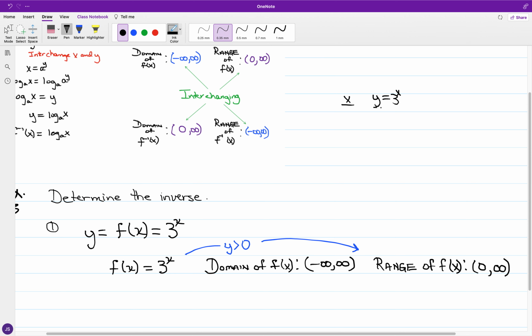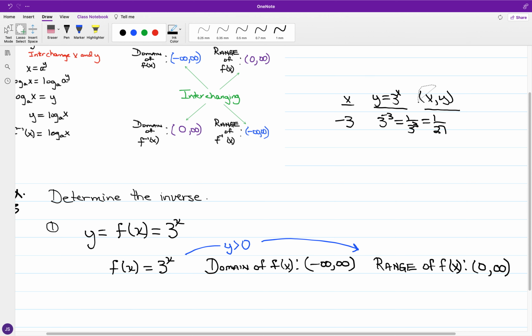All right, say we have y is equal to 3 to the x. Okay, and say x is negative 3. And 3 to the negative 3, that's going to be 1 over 3 cubed. So that's going to be 1/27.